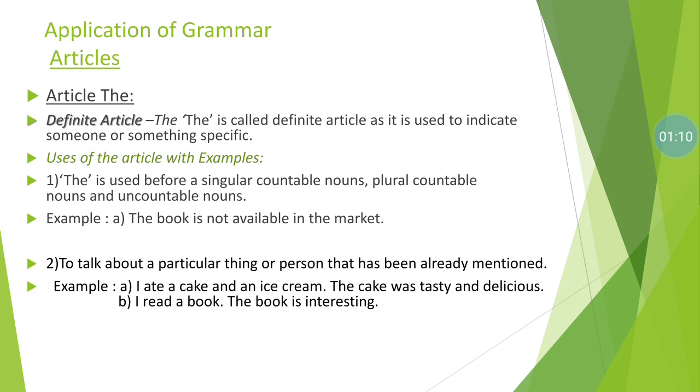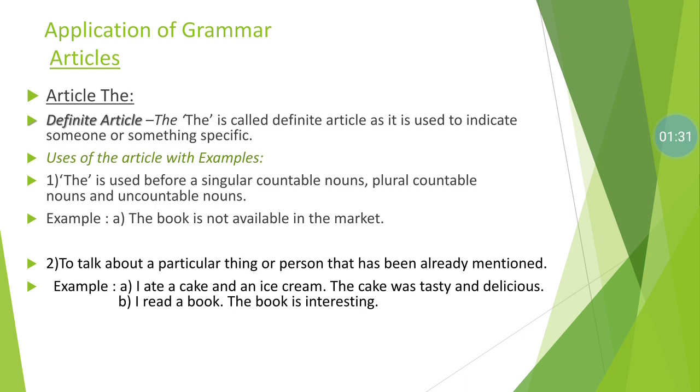We also saw in the last video how to use a and an. A and an are the indefinite articles. We already know what is meant by indefinite articles and where and how to use them.